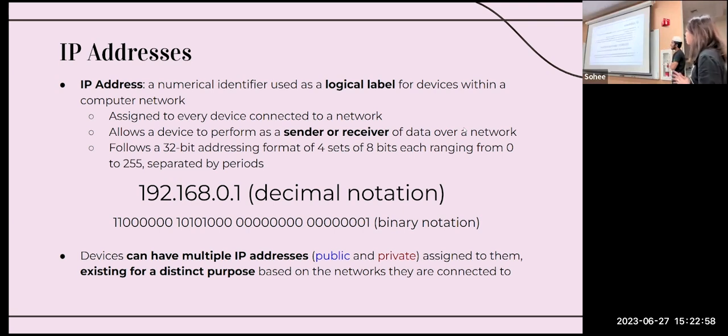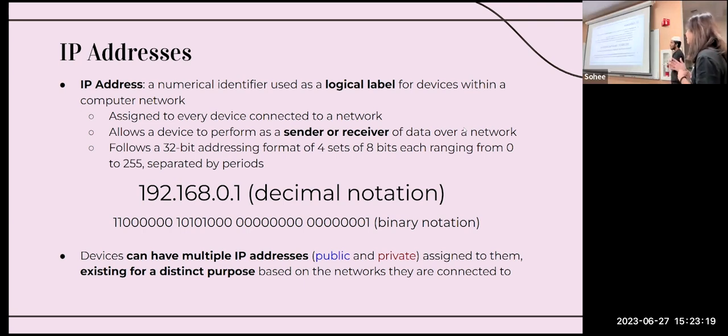An example IP address is 192.168.0.1, and at the lower level in computer form, it's represented in binary. The reason I wrote right there is that it follows a 32-bit addressing format of 4 sets of 8 bits, each ranging from 0 to 255.